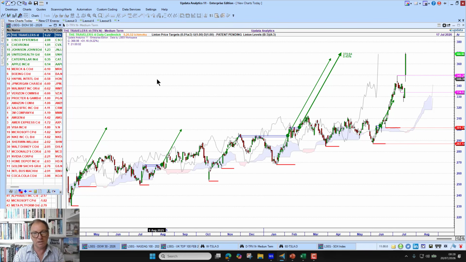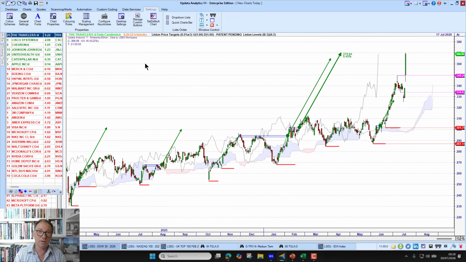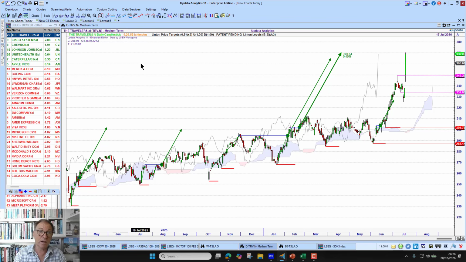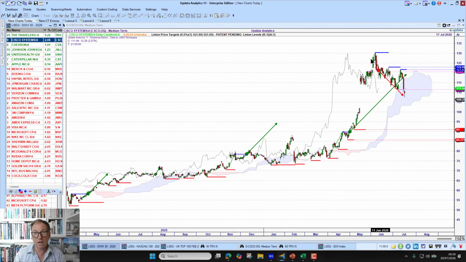Remembering that you can run Updater on top of Bloomberg, LSEG, Workspace, Metastock. There's a whole range of data services that you can run these off, and the targets are available on TradingView as well. So we did have Cisco Systems, again, a more traditional. We're up on Friday, only 2%, but look how many stocks were hit on the Dow, so really very significant.